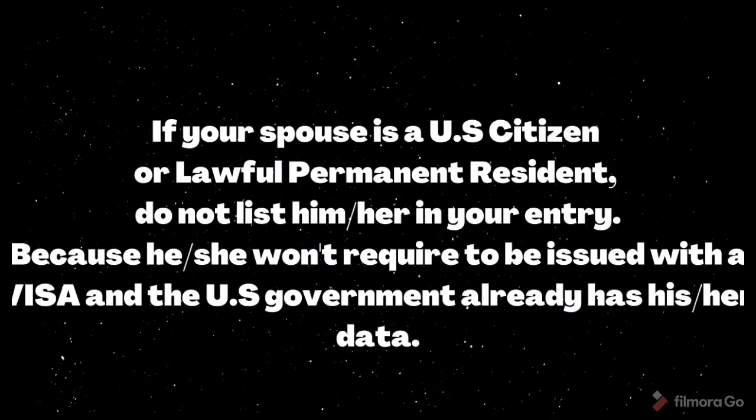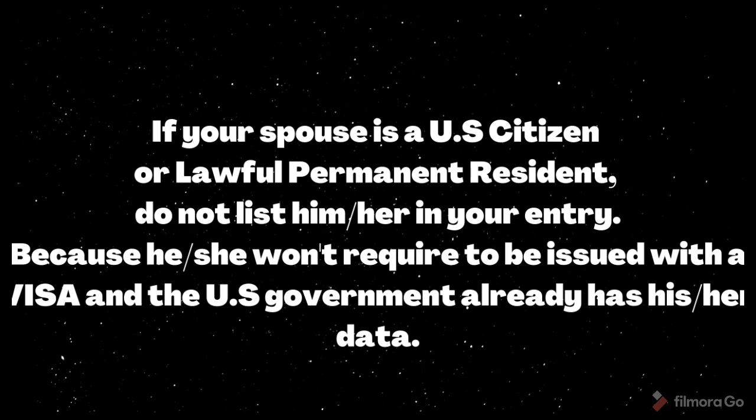As I conclude, please note that if your spouse is a US citizen or a lawful permanent resident of the United States, do not list him or her in your entry. Why? Because a spouse who is already a US citizen or a lawful permanent resident of the United States is not required to be issued a visa.